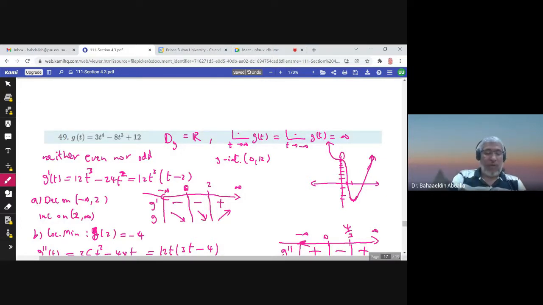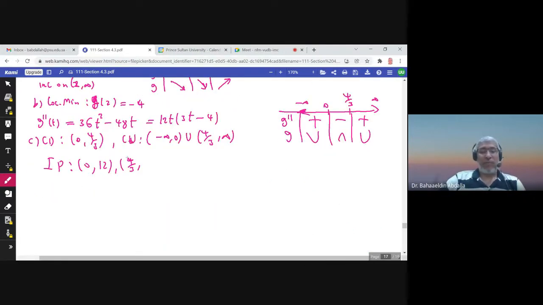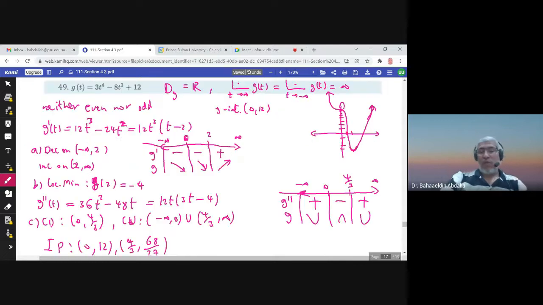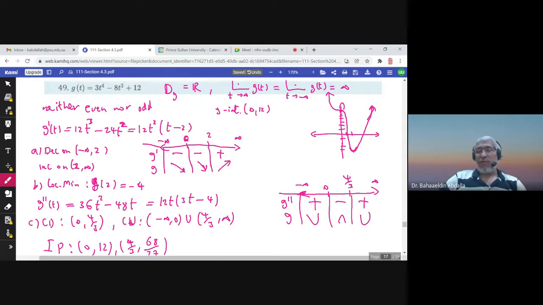I replace t by 4 over 3 in the definition of g of t, and the answer is 68 over 27. And this number is 2.5 approximately, and 4 over 3 is 1.3. So (0, 12) is an inflection point.